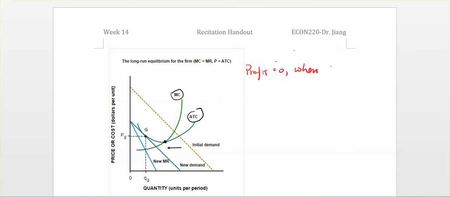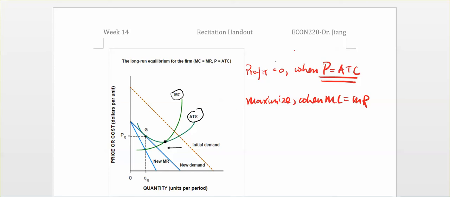Because we will have the price equal to average total cost. So when this happens, we'll have profit equal to 0. How to maximize profit? When the marginal cost equals marginal revenue, profit is maximized.